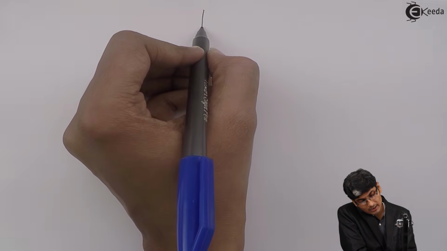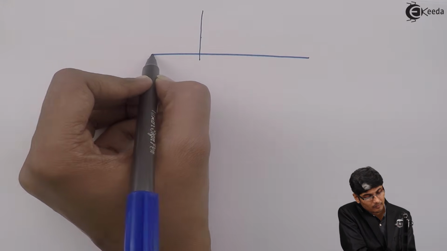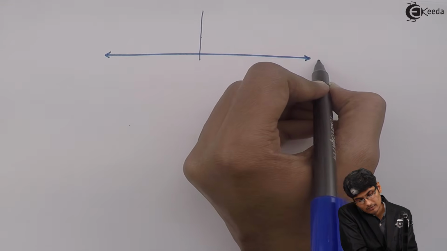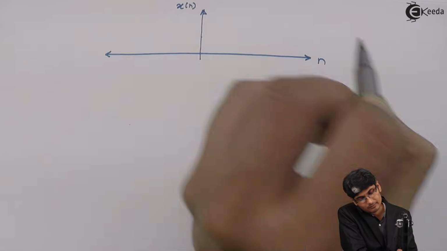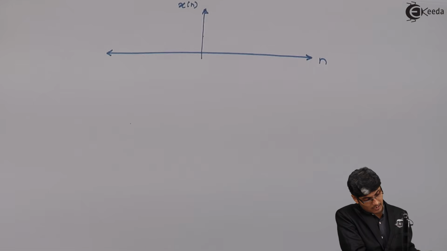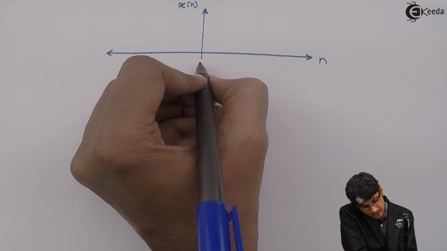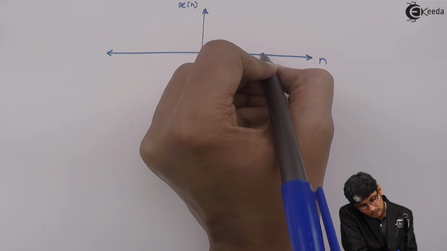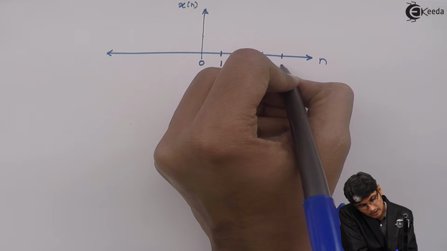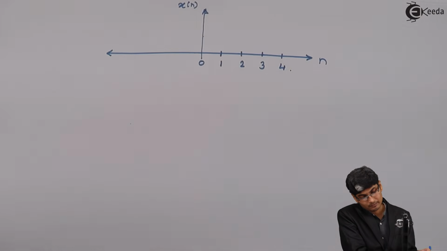So graphically, when I draw the signal, I have this as n, this as my x of n, that is a function, and let us say this is n is equal to 0, n is equal to 1, n is equal to 2, n is equal to 3, and n is equal to 4.